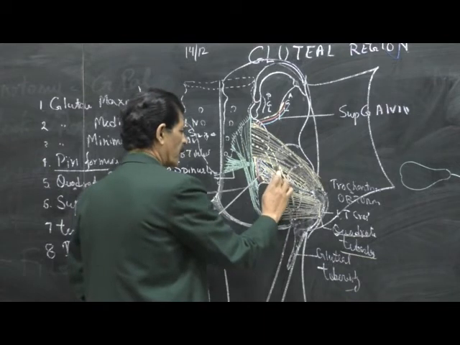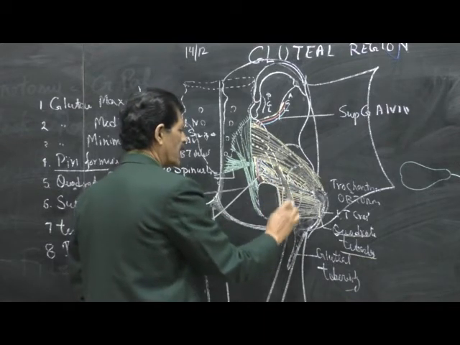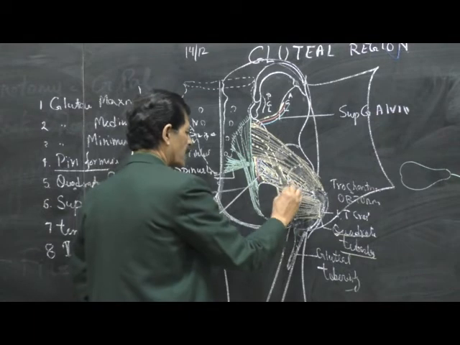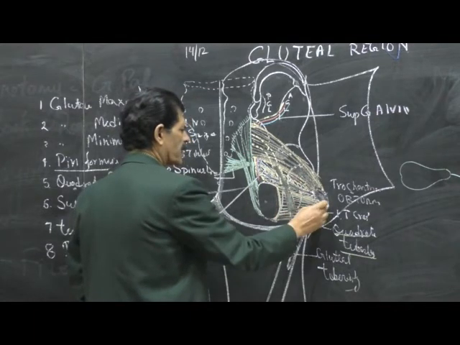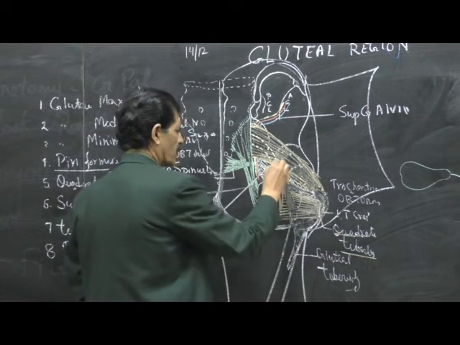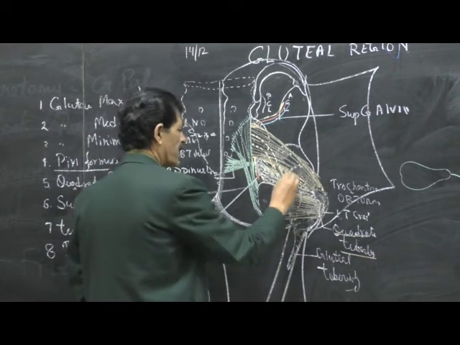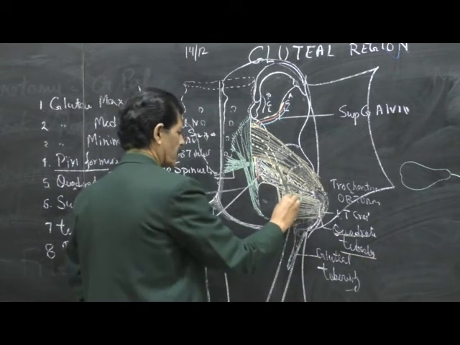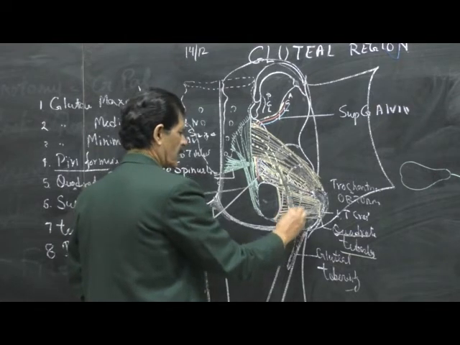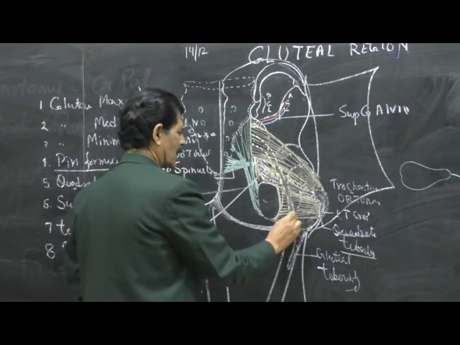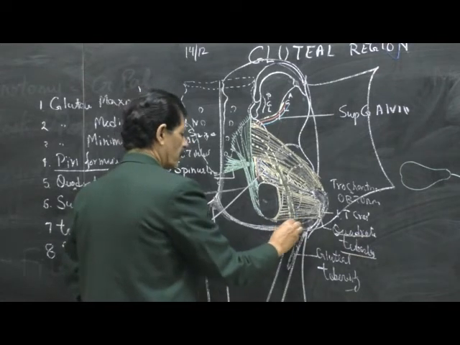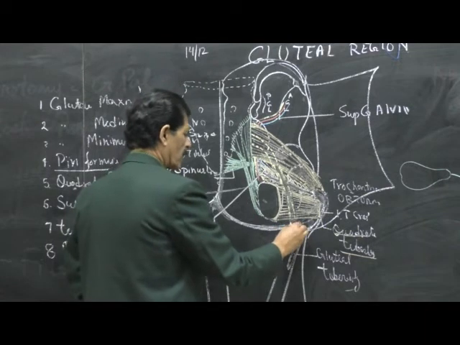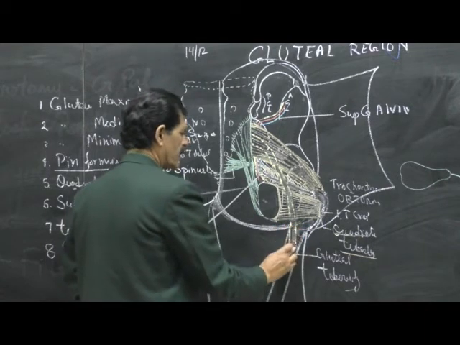So this nerve runs over these muscles and it lies between the greater trochanter and the ischial tuberosity. So it descends in the gluteal region. And then it is covered by the lower border of the gluteus maximus, the gluteal fold, below which the nerve is now naked.